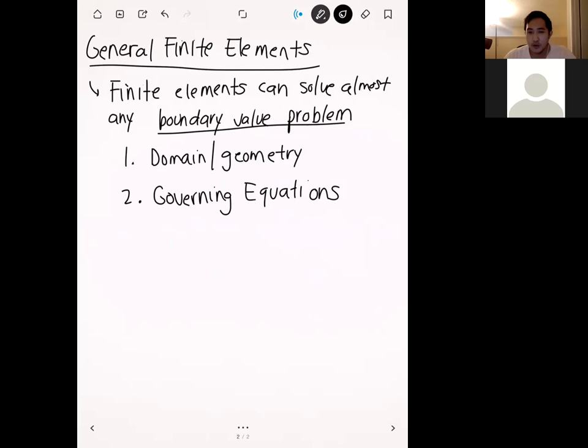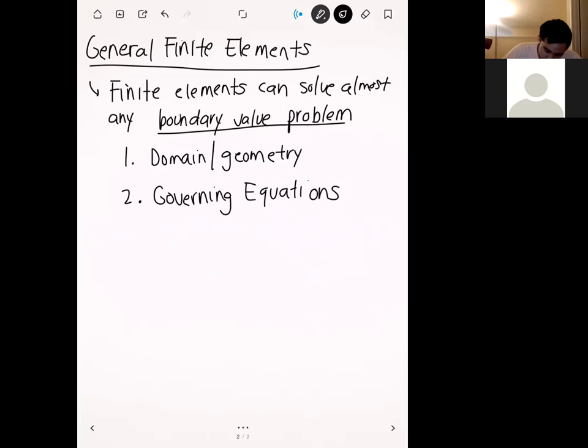They can either be ordinary differential equations, or most commonly, in 99% of practical cases, partial differential equations, okay? And that's where finite elements really shows its mettle, because if you try to solve a partial differential equation by hand, it's usually too difficult, so you need to rely on a computer to do that for you.